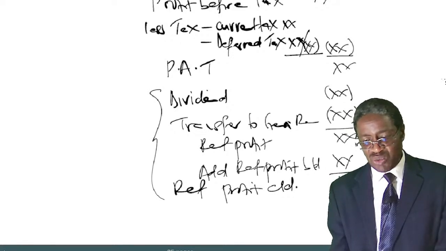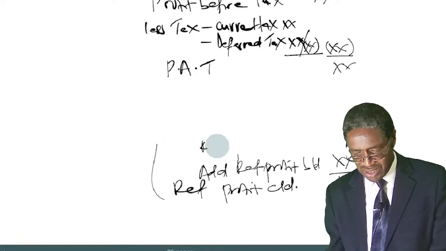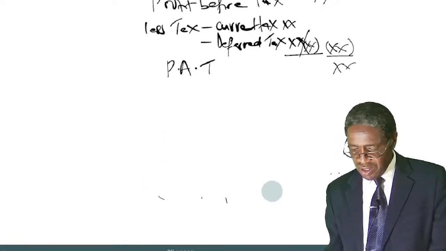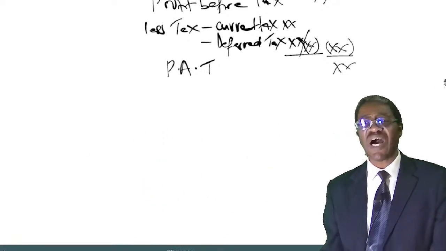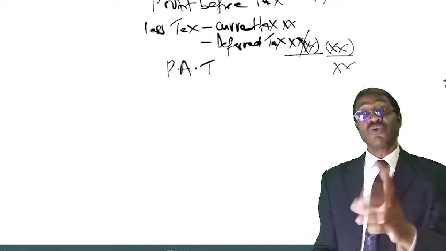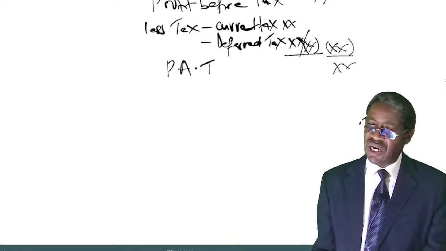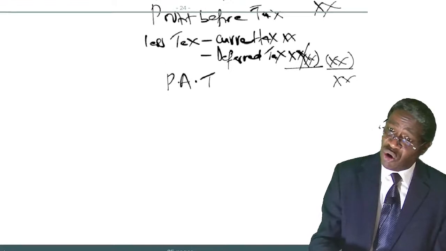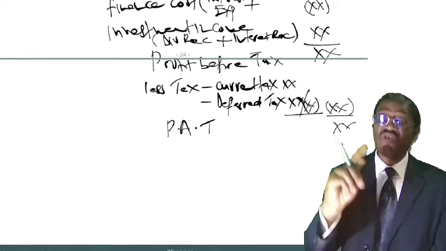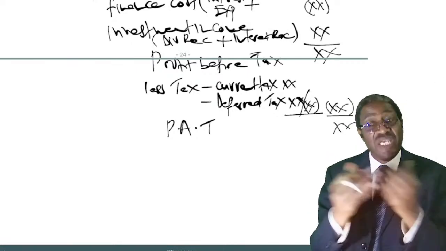Otherwise, now that we are preparing an income statement for publication purposes, once you get the profit after tax, you don't do the appropriations. Up to that point, you have prepared what we call the statement of profit or loss, or what you can simply call an income statement.